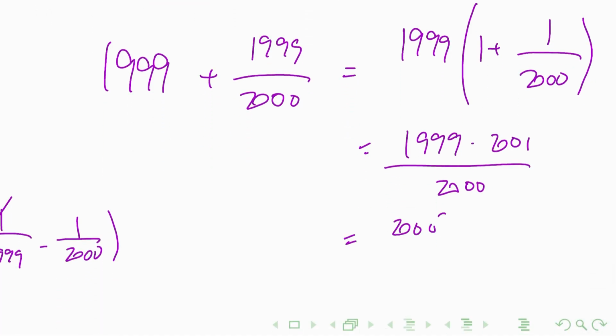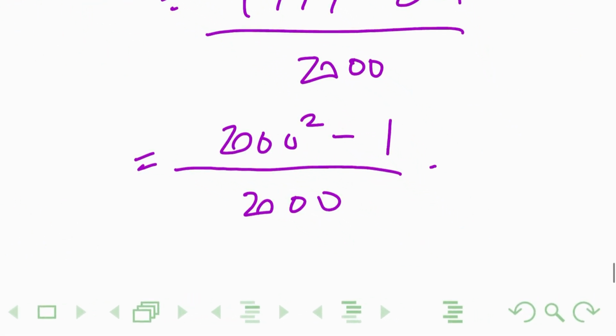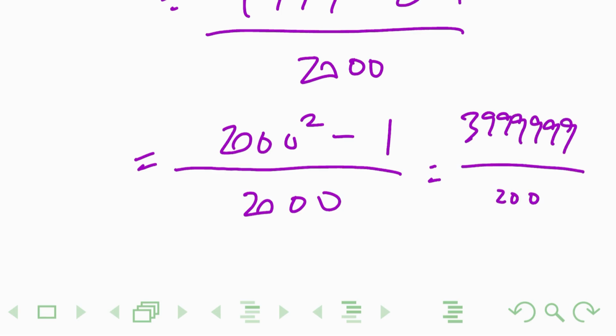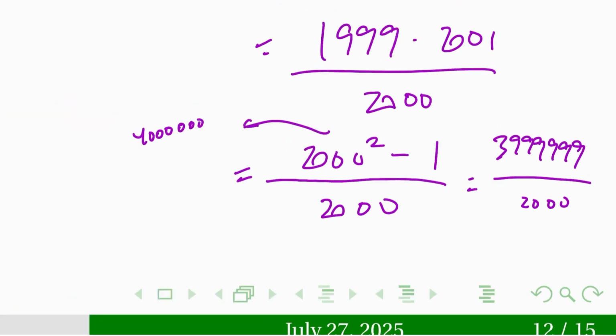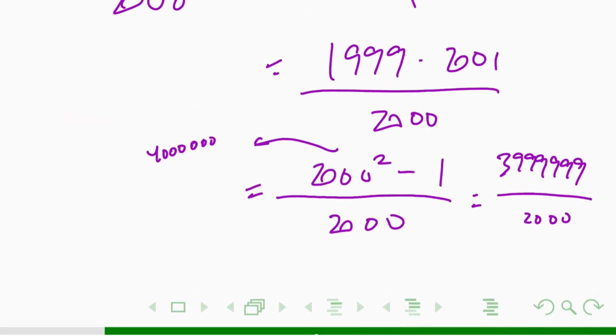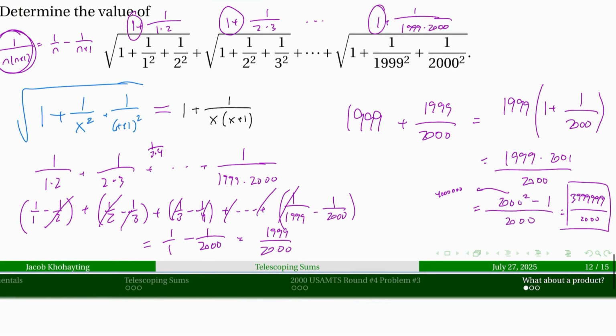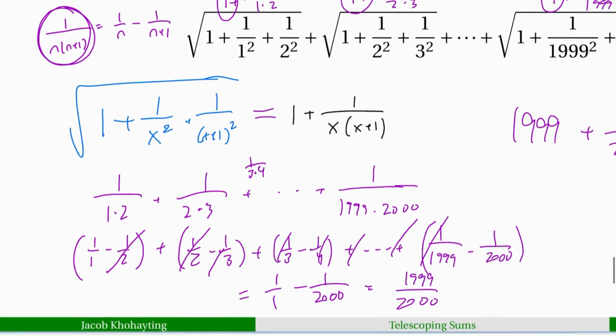This is 2000 squared minus 1 over 2000. So this is 3999999 over 2000, since this is 4000000. And yeah, this computation isn't too important, but this step is.